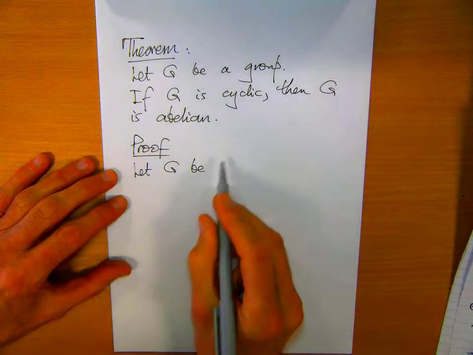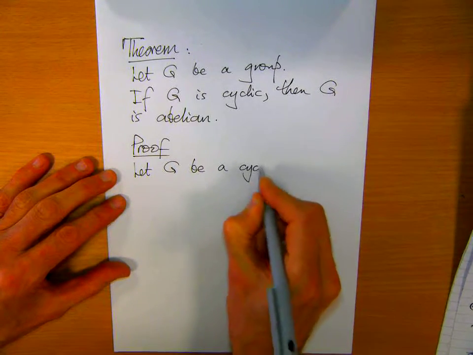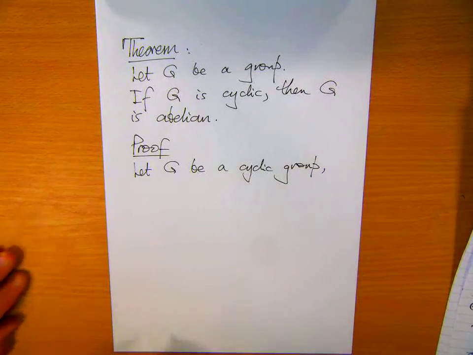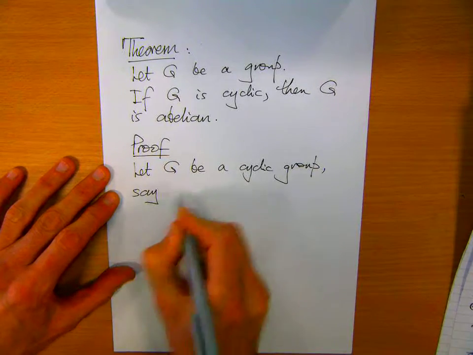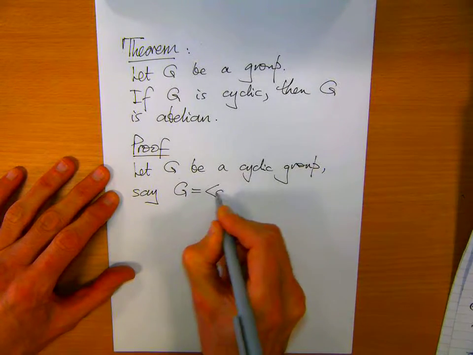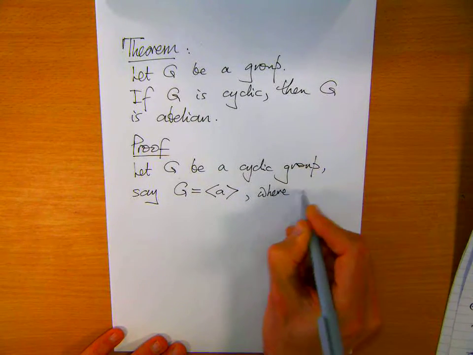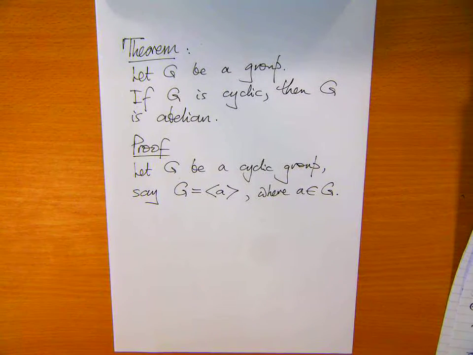So I've got to start off with my hypothesis that the group is cyclic, and I immediately convert that into something useful. If it's cyclic, then I know it's generated by some element. So let's call that element a. So that's what I know. That's the hypothesis.